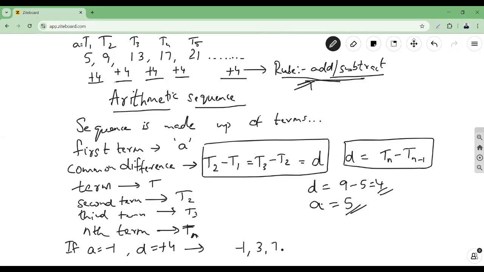So 3 plus 4 is 7. 7 plus 4 is 11, right? 11 plus 4 is 15. See, the entire thing changed just because the first term changed. So these two things are very crucial, important things in an arithmetic sequence. A and D, both of these things are important.